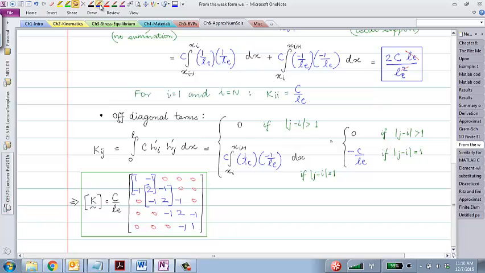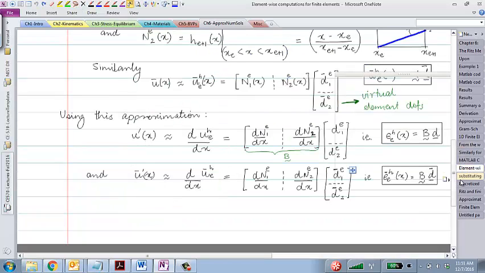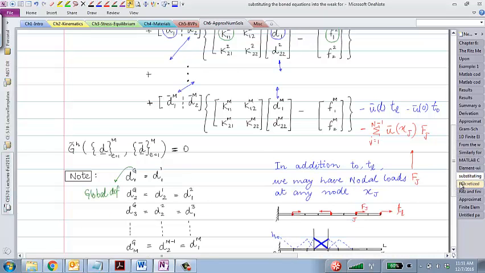The same idea keeps on repeating. 2 and 3 assembled, 3 and 4 assembled. That's how we got these 2's on the diagonal, and the 1 at 1 and 1 at n was not summed up. So we get exactly the same stiffness matrix whether you use this approach or whether you use the element-wise approach that I'm just describing right here.